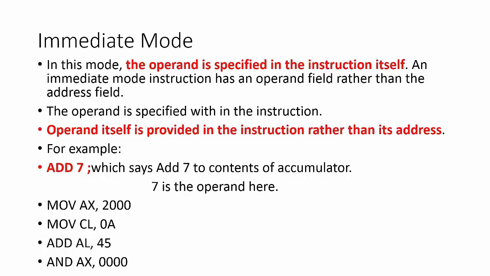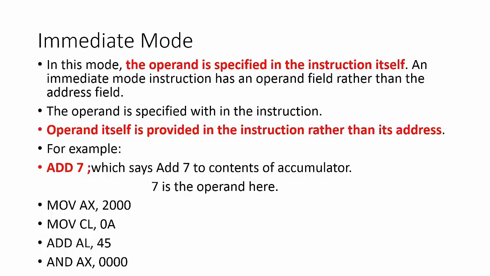Similarly, MOV CL, 0A. Here 0A is a hexadecimal number which will be moved to CL. What is CL? CL is part of the count register, which is represented by CX. What does CL mean? As I described in the previous class, each register can be accessed by individual byte.